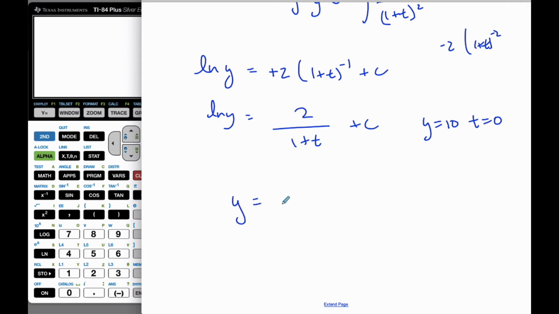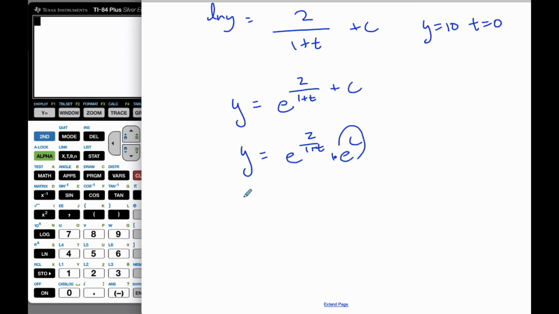So y is equal to e to the (2 over (1 plus t) plus c), which is simply e to the (2 over (1 plus t)) times e to the c. E to the c is just a constant, so I don't have to keep it as e to the c. I can just rewrite it as some other constant. y is equal to some constant, we'll call it a, times e to the (2 over (1 plus t)).